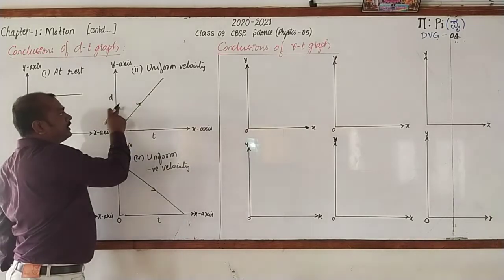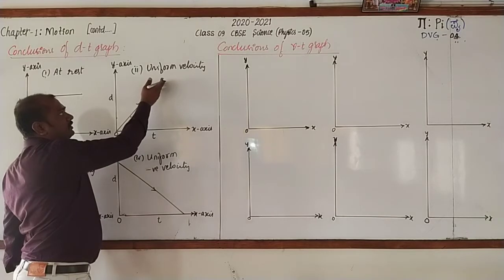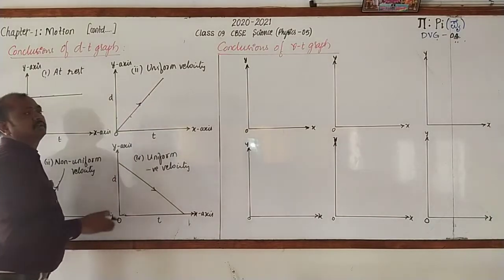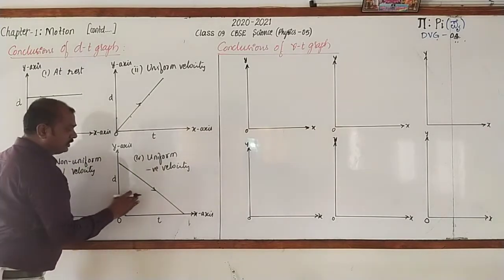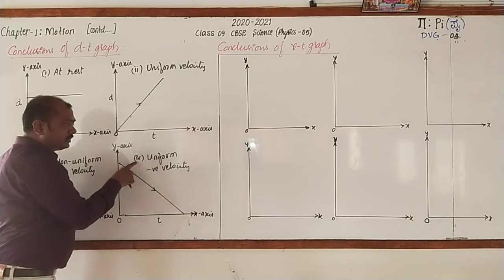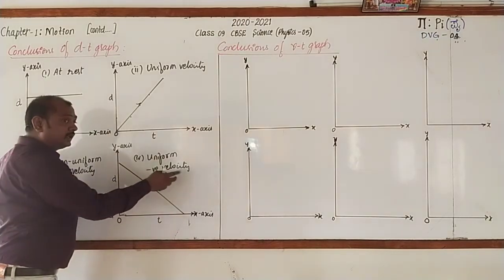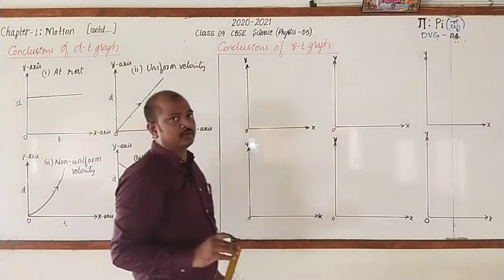Here the body is covering equal distances in equal intervals of time, so it is a straight line. Hence you can say that it is the graph of uniform velocity. Whereas in the fourth one you can come to know that it is a uniform negative velocity. Clear? These are the four conclusions.